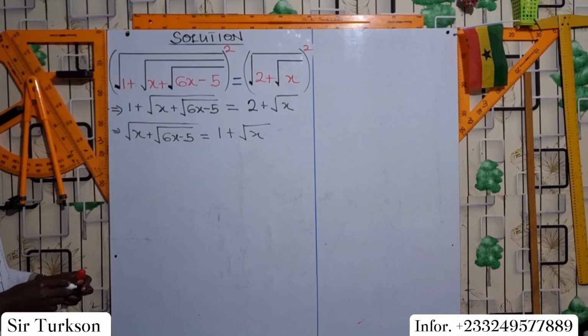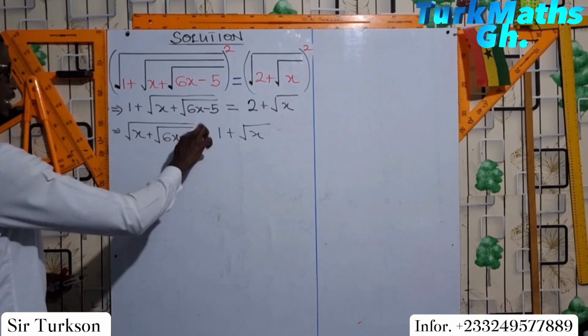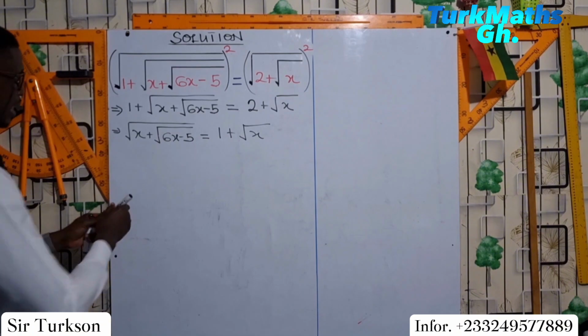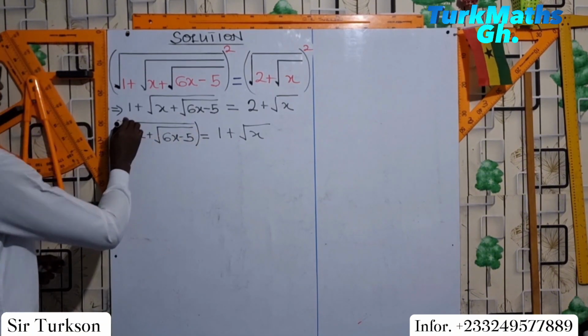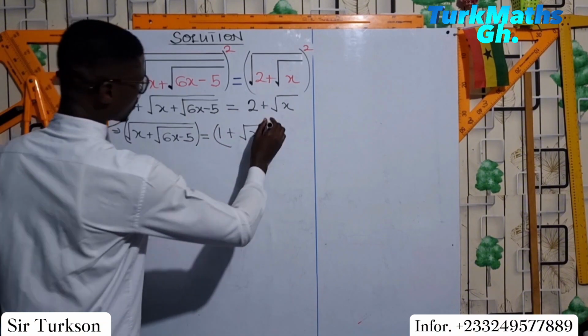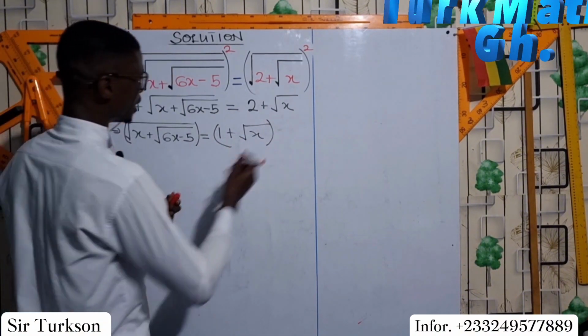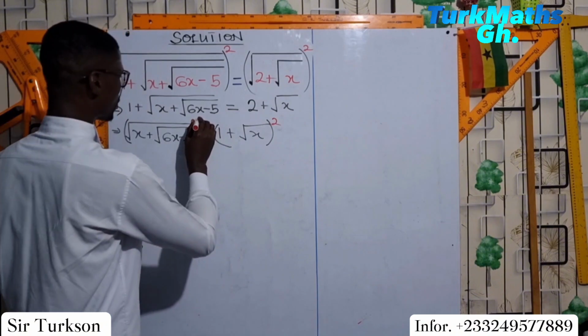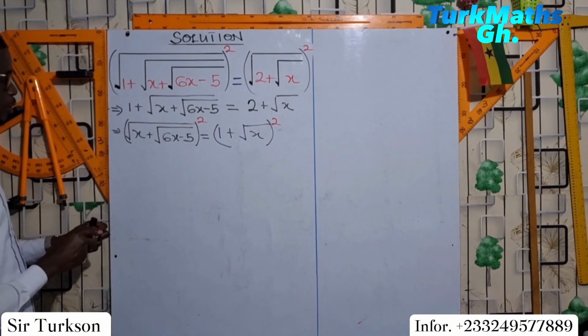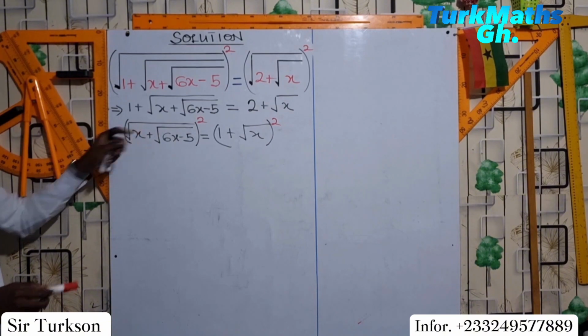Very simple. Again, to take out the radical here, I'll square this one, then I'll square this one. So when we square this, what do you think will happen here? This radical here will go.